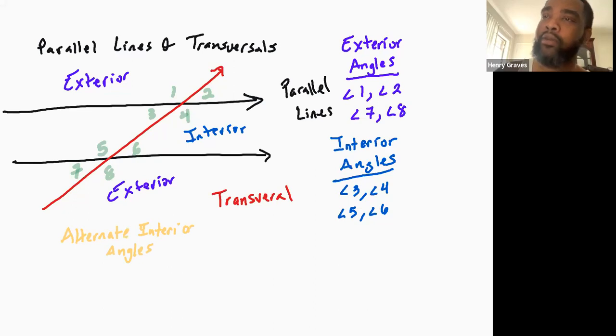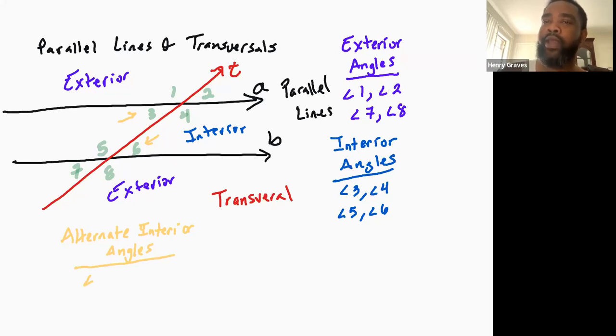I should make sure I denote this as the T, and denote these as lines A and B. There we go, better. Now, on the alternate interior angles, we're looking at this one here and this one here, because those are inside angles, and they are also on opposite sides of the letter T. So angle 3 and angle 6 are alternate interior angles, right?